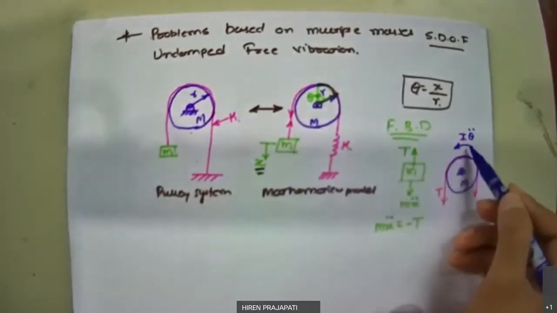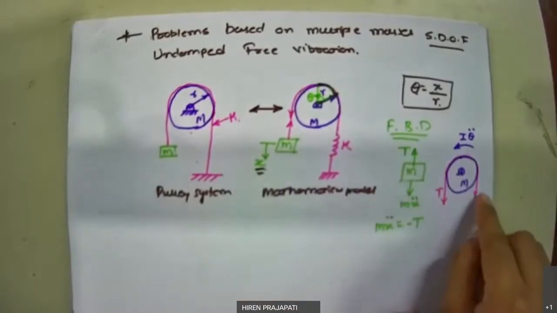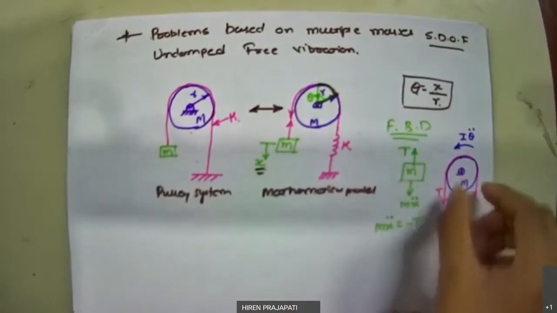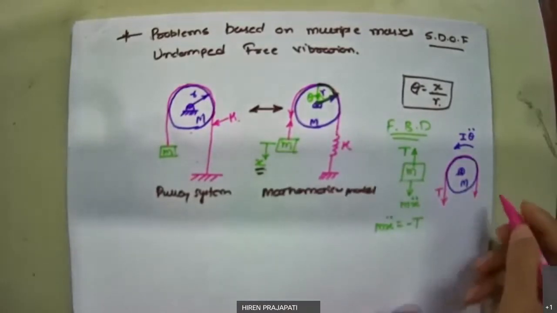So I theta double dot is in the direction of x, right? But this spring will not allow this rotation in the theta direction.